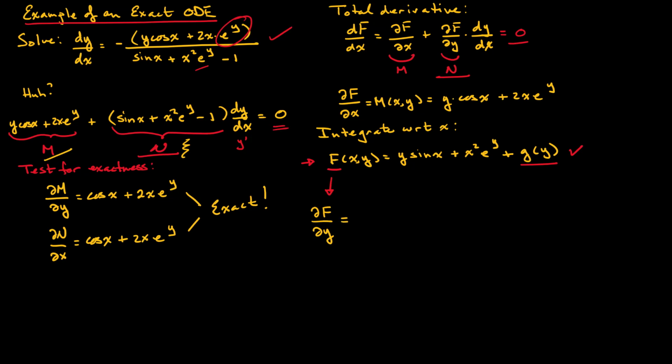So let's take the partial of f with respect to y from this intermediate solution over here. So taking the partial of f with respect to y, we find that we have sine of x plus x squared e to the power of y plus the derivative of g with respect to y, and that must be equal to N. And N here is equal to sine of x plus x squared e to the power of y minus 1.